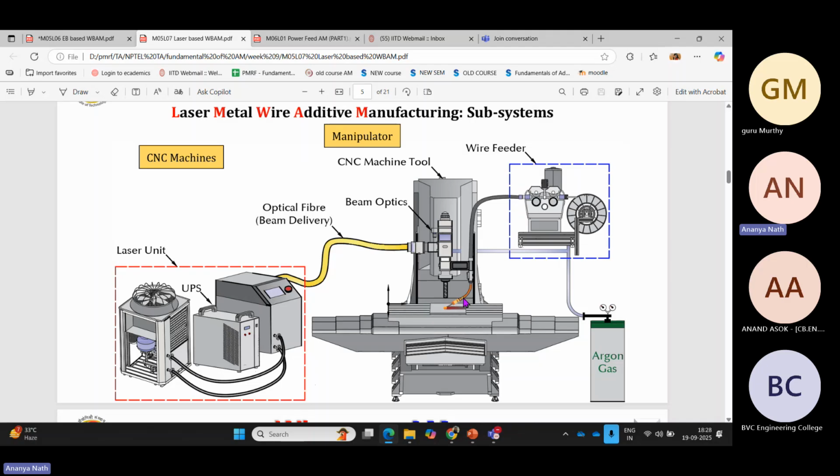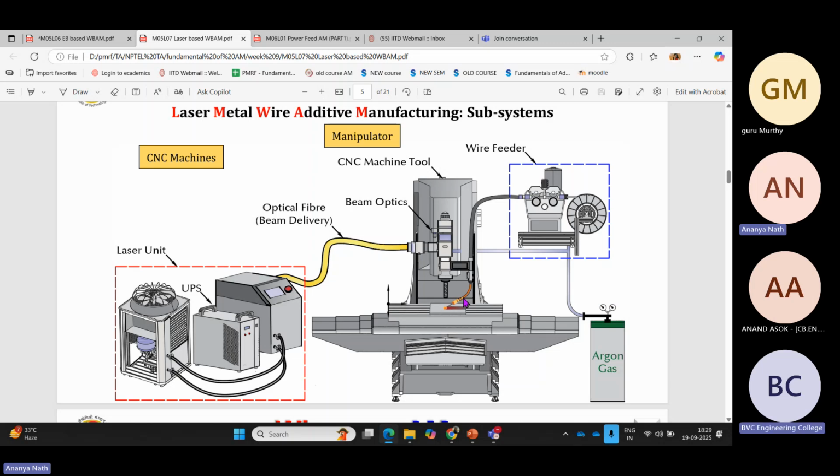Now, the type of gas depends on the material that you're printing. So it's very important to know that you do not choose this gas randomly. When you are using a material like aluminium, copper or stainless steel, we go for argon gas.